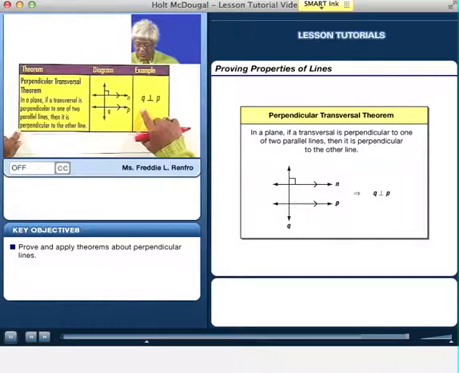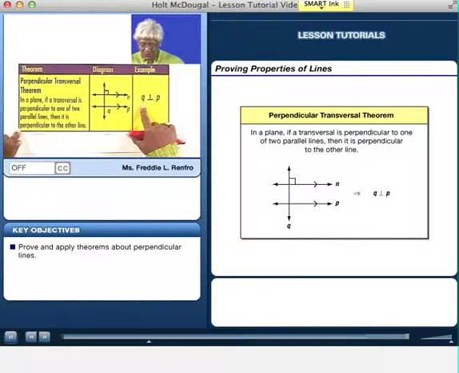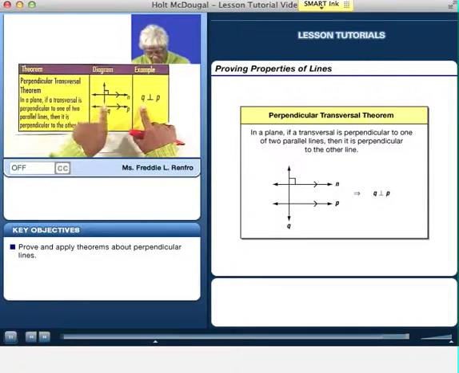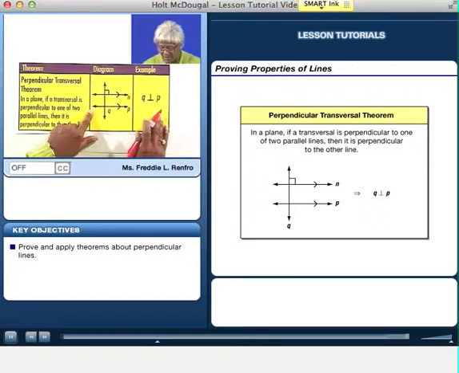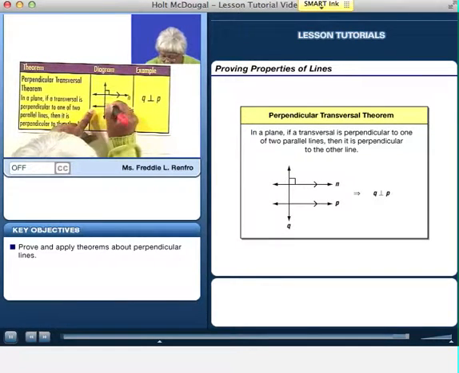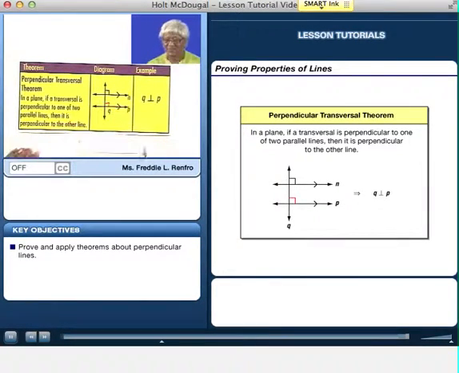In other words, line Q, which is this line, is perpendicular to line P. So we have the transversal perpendicular to line P. I'm going to go ahead and put a symbol here. Okay, that's what this theorem is saying.